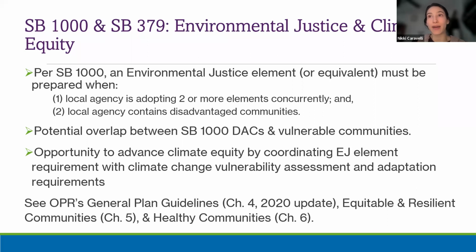One example is that many of the same populations residing in environmental justice areas are likely to be considered vulnerable to hazards and the impacts of climate change. So having this analysis and these planning activities inform each other can make the process more effective, and potentially improve the quality of the process and the outcomes. There's more information on all of this in the general plan guidelines, specifically the environmental justice chapter, which I think Mariah will be sharing in the chat. Next slide.